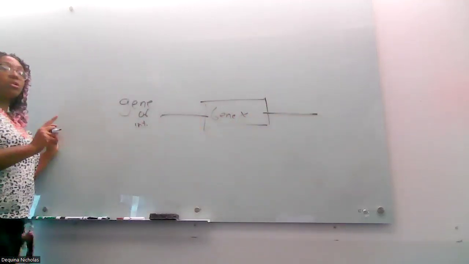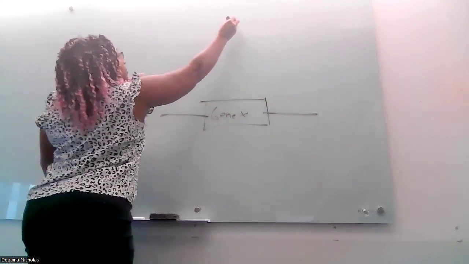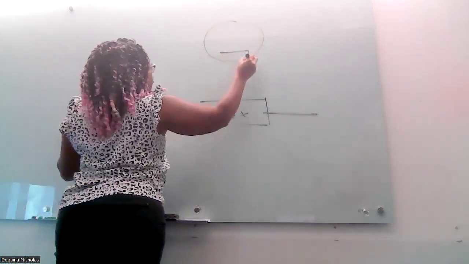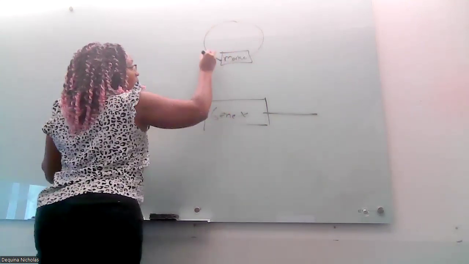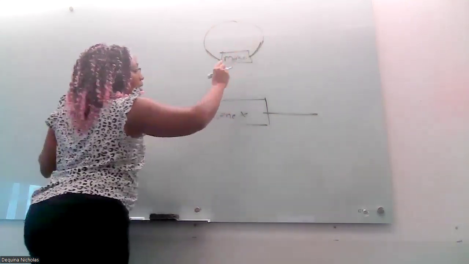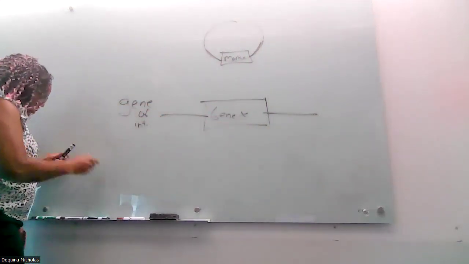What matters for knocking out a gene is using a vector that has whatever your marker is, it does not matter. The idea is that the DNA surrounding this marker matches the DNA surrounding the gene.